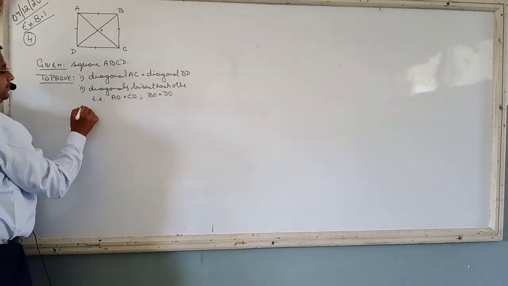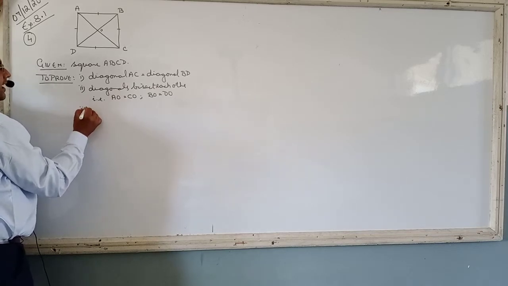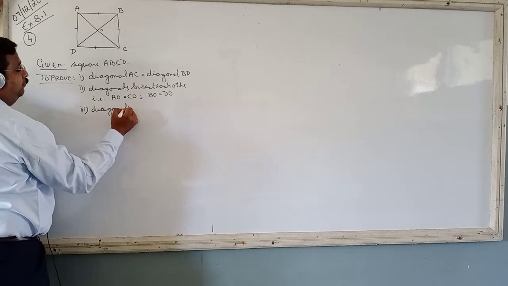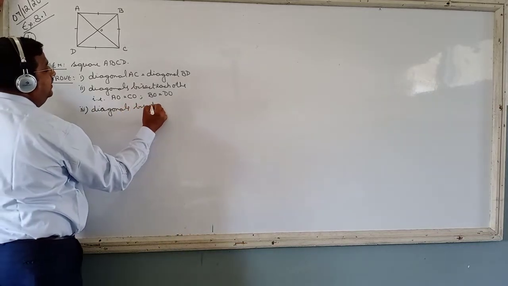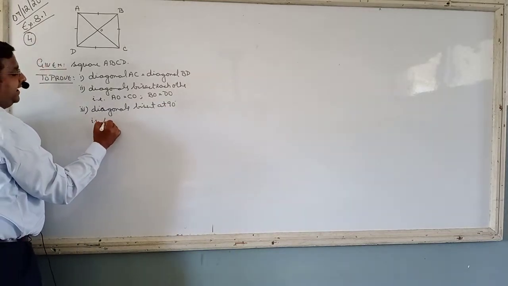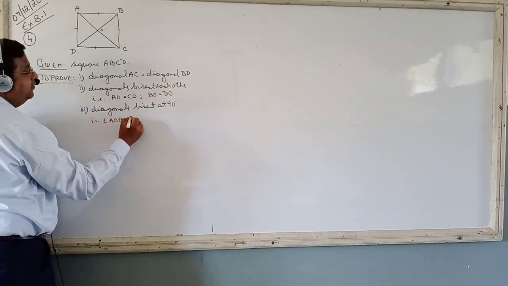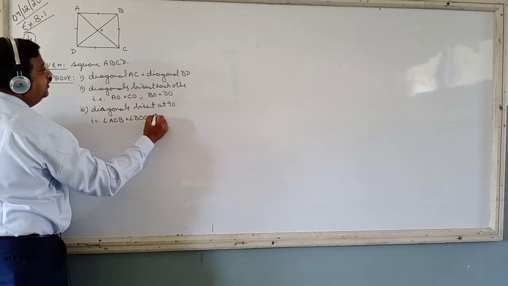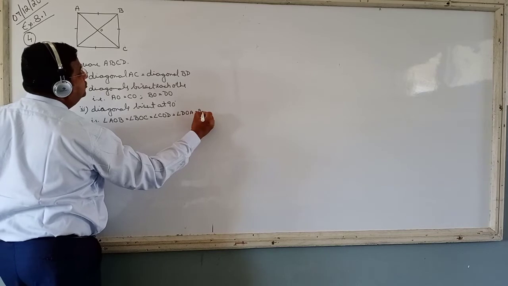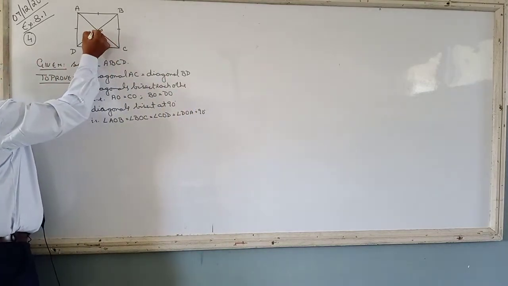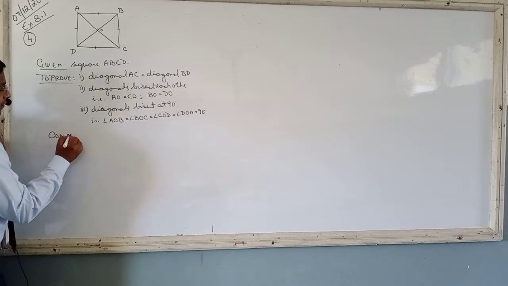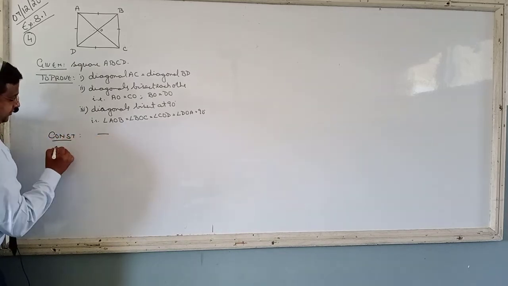And thirdly, diagonals bisect at 90 degrees, that is angle AOB equals angle BOC equals angle COD equals angle DOA equals 90. All these angles are 90. We have to prove. Construction not required. Everything is constructed for us.